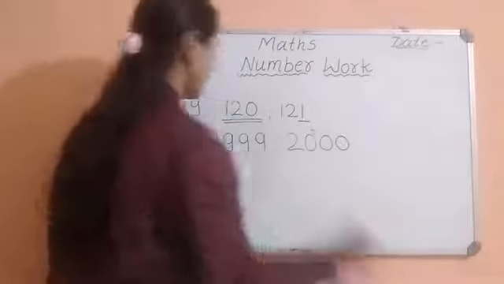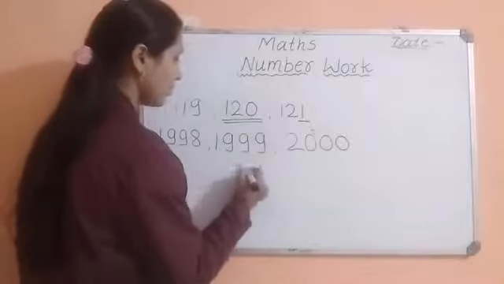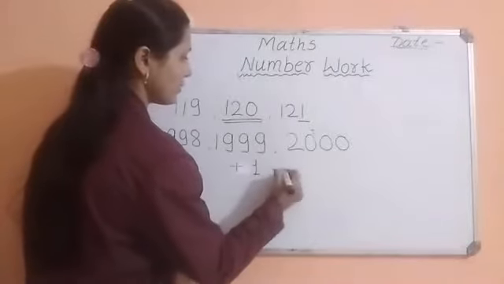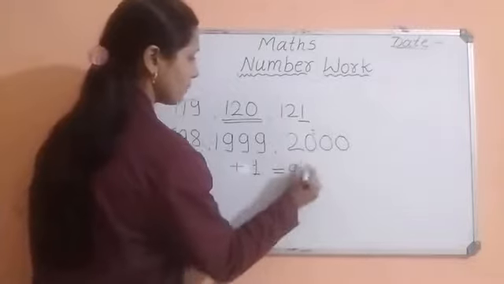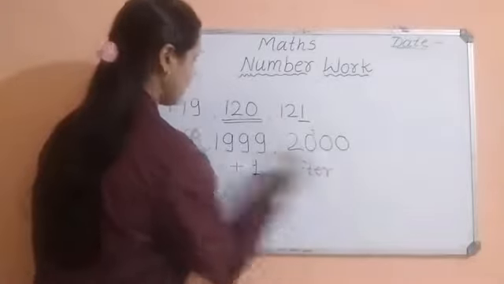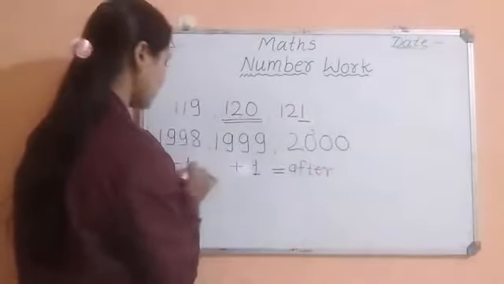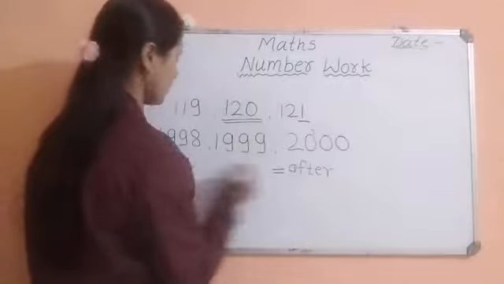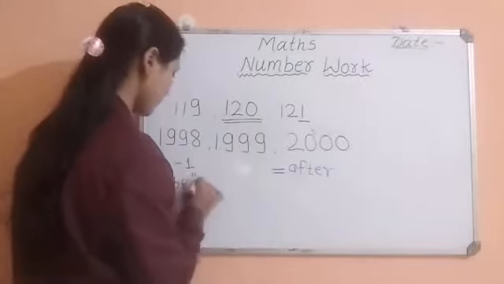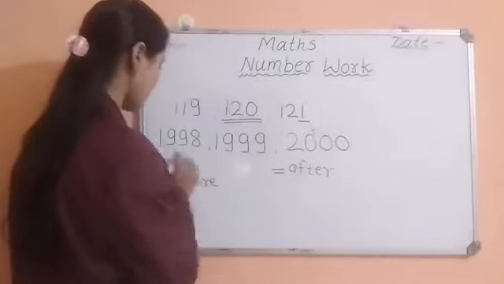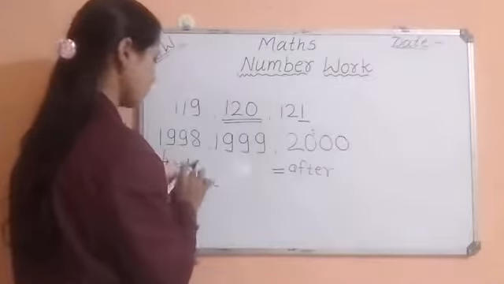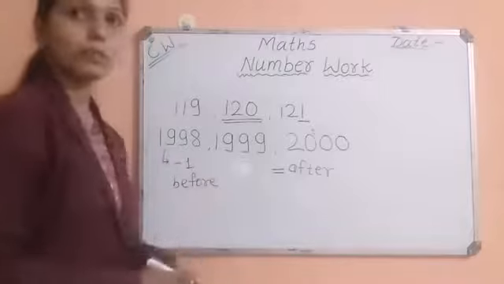We have to add 1 for the number after, and we have to minus 1 from the given number for the number just before.